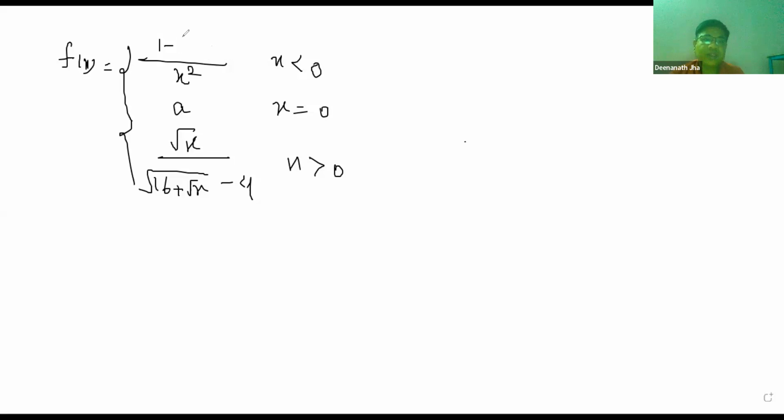This is cos 4x. If f(x) is continuous at x is equal to 0, find a.